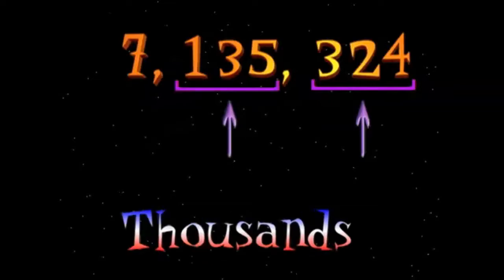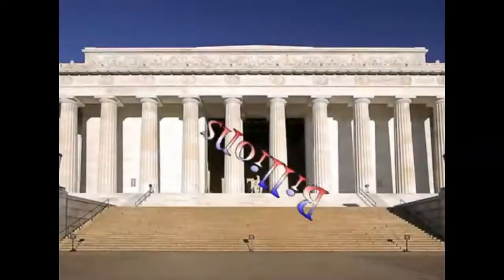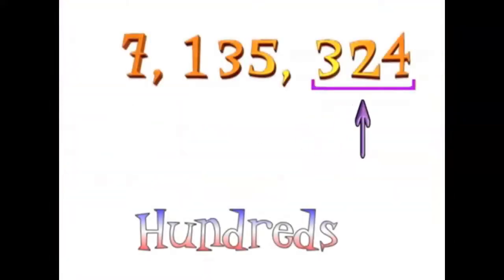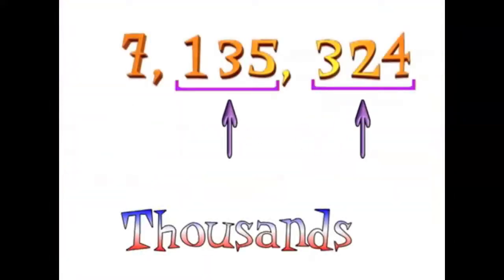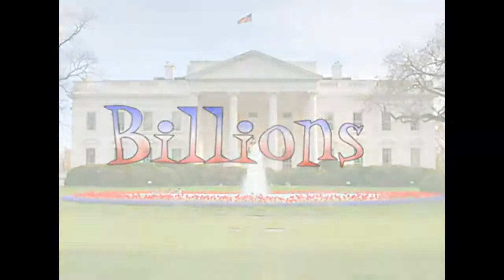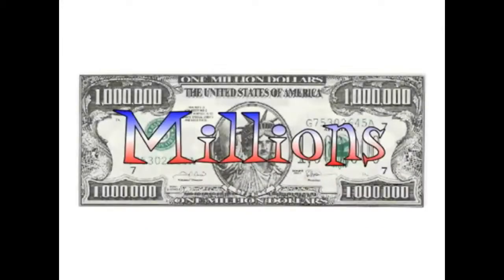Hundreds, thousands, then the millions. They're the ones before the billions. Hundreds, thousands, then the millions. They're the ones before the billions. Now you know how millions go. After thousands, don't you know?